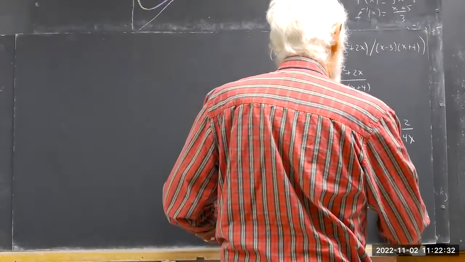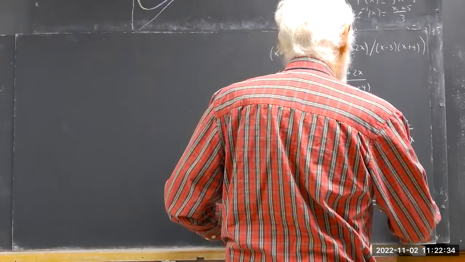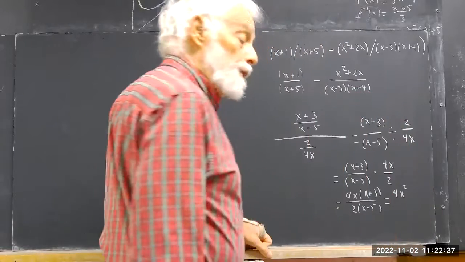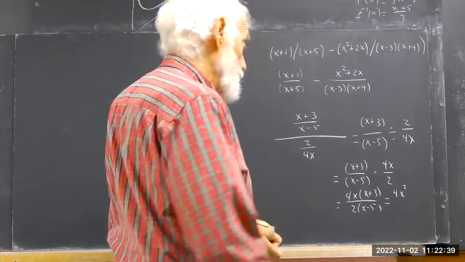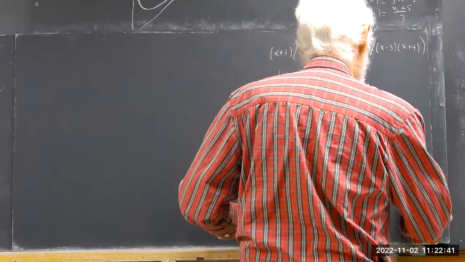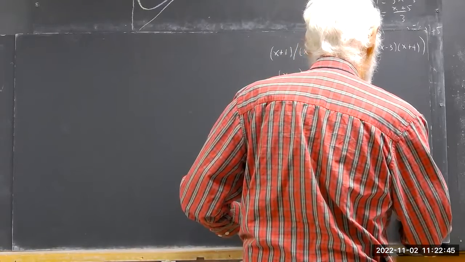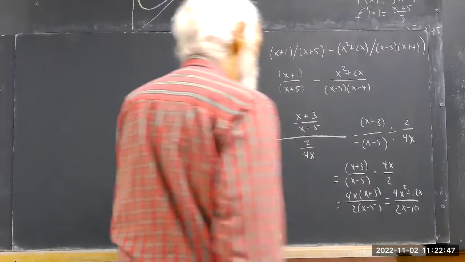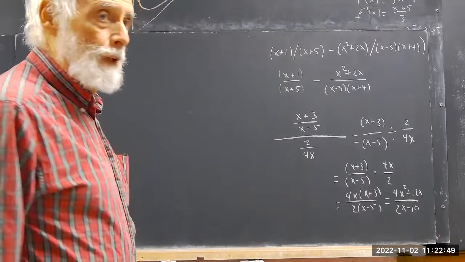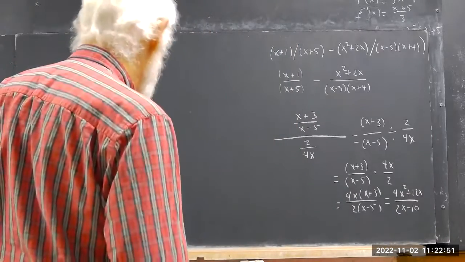So you could then, depending on what OpenMath, for example, asks you to do, go ahead and multiply this out. And that's going to be 4x squared plus 12x over 2x minus 10. So that's one way to get the result.